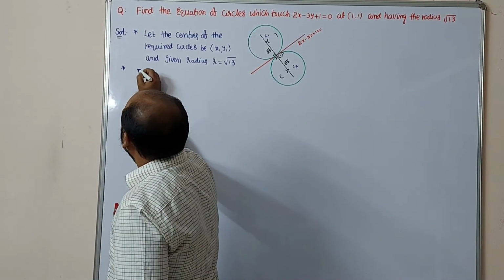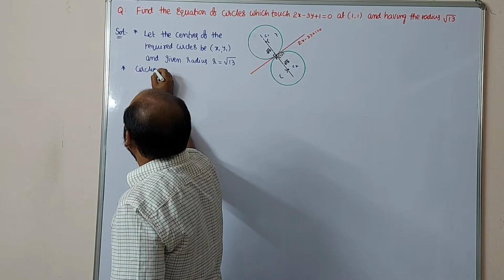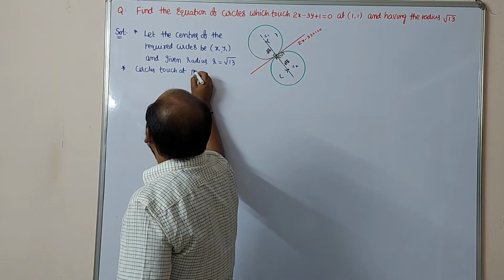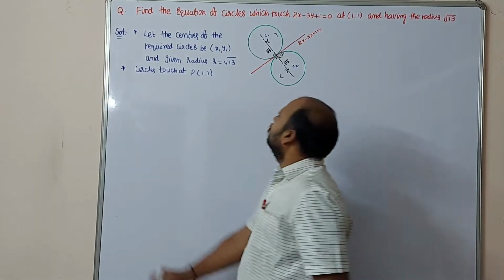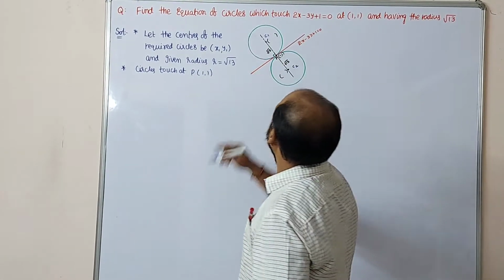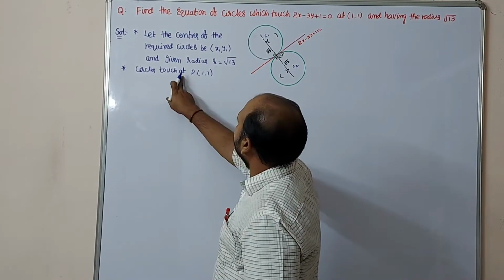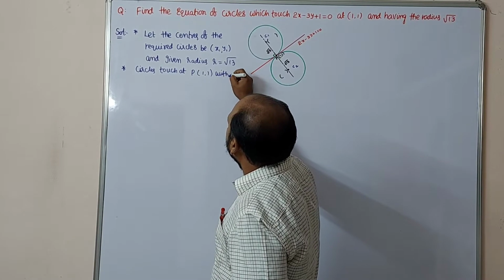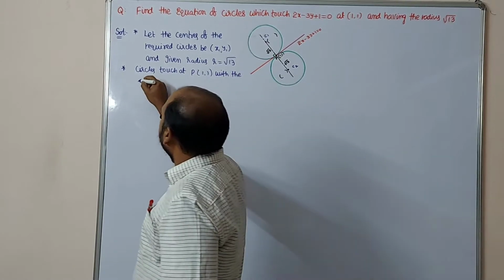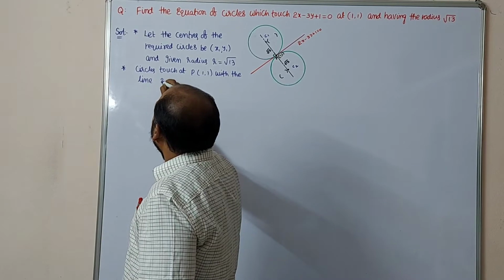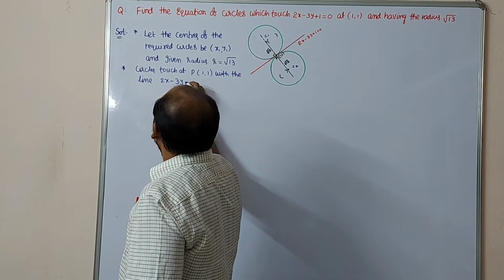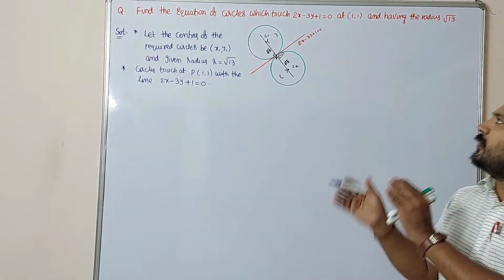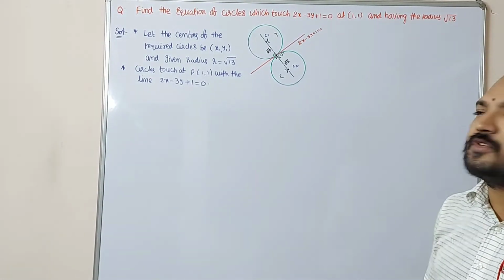Second step, circles touch the line 2x minus 3y plus 1 equal to 0 at P (1, 1). This information from the given question only we need to write.